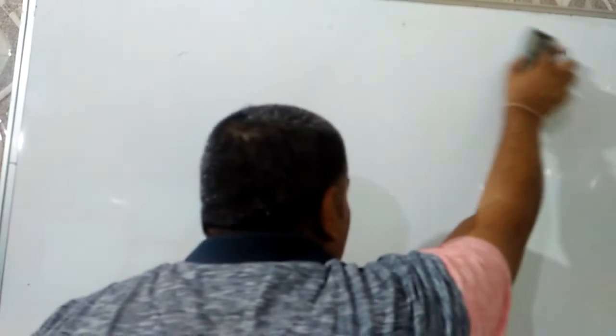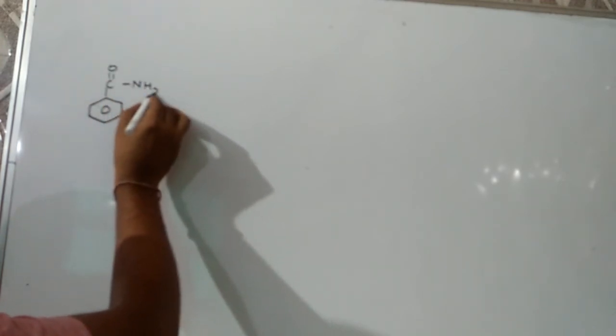I'm discussing that table. First, we have to convert benzene carboxamide into aniline. Benzene carboxamide has the CONH2 group on benzene.